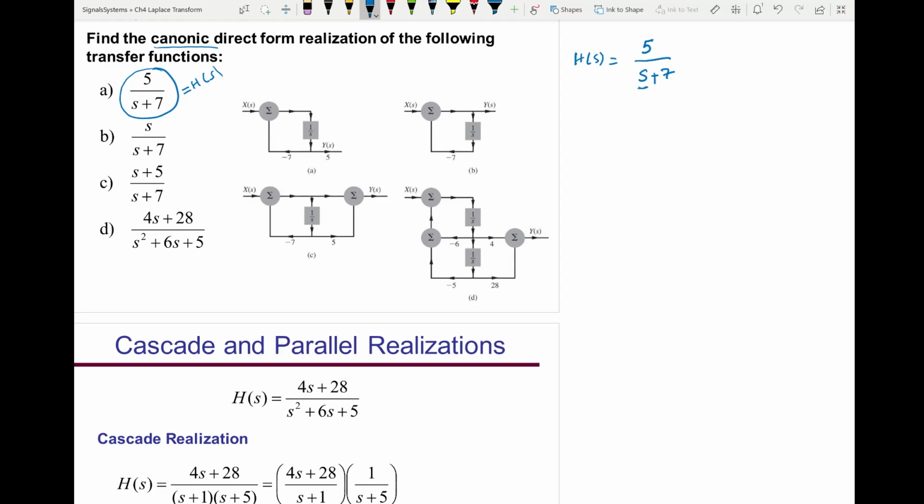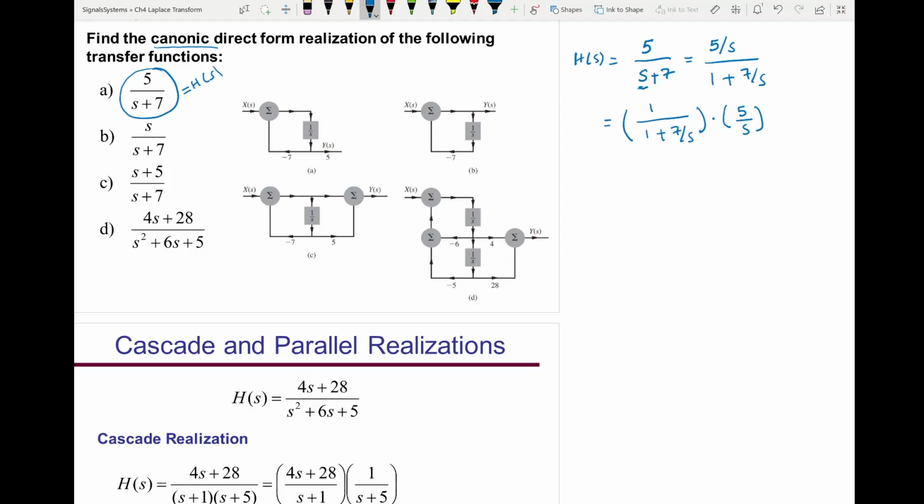So that will be just s. So this will be 5 over s divided by 1 plus 7 over s. If I want to do Form 2 realization, then the negative feedback will be the first subsystem. So that will be 1 over the denominator times the numerator.